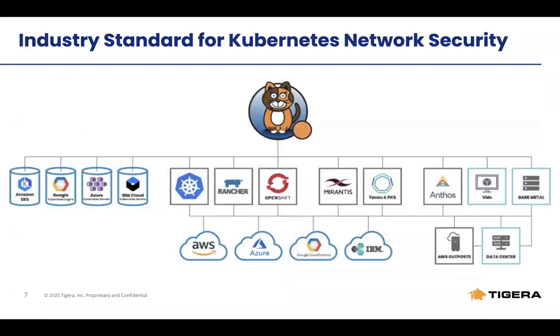To give you a brief visualization of how Calico spans the industry, on the left-hand side, you can see well-known managed solutions for Kubernetes like EKS, GKE, AKS, IKS. And moving to the right, upstream Kubernetes offers installation of Calico, as do Rancher, OpenShift, Mirantis MKE, or VMware Tanzu.